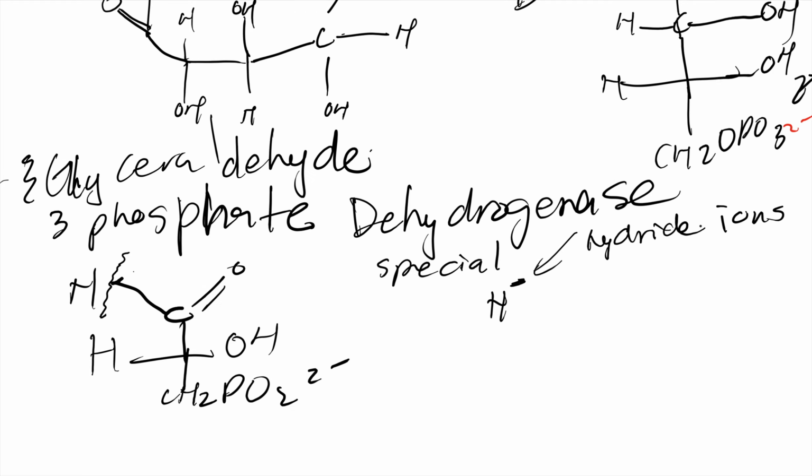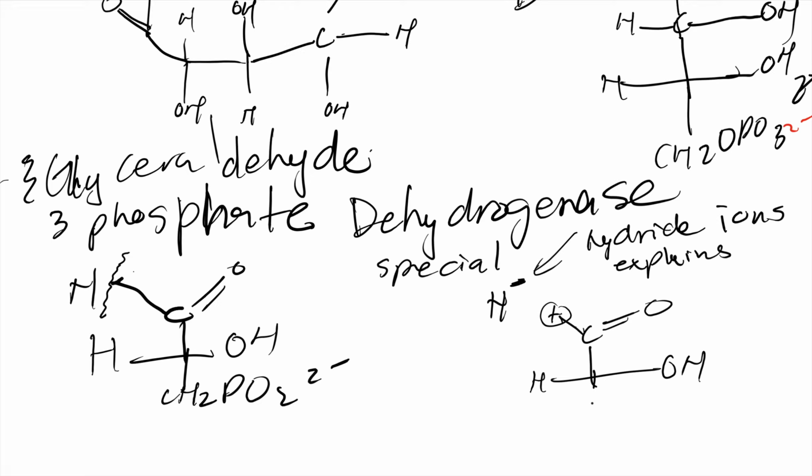And this finally explains for the first time why you can have a negatively charged hydrogen, and this carbon, it's positively charged. And this is why this theory is so important.